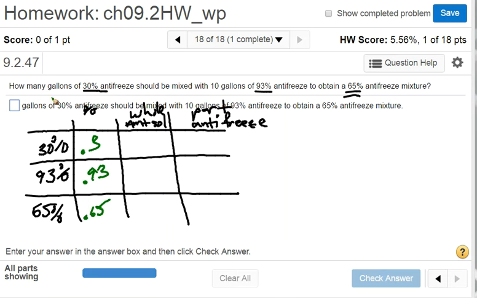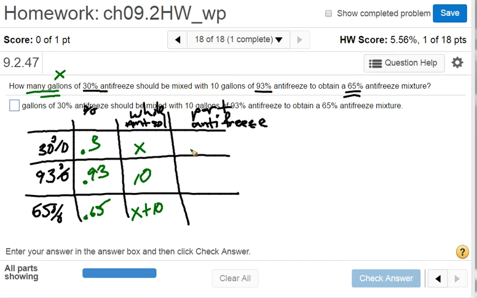So let's see, how many gallons of 30% should be mixed with 10 gallons of 93%? Well, our X, because that's our unknown, should be mixed with 10 gallons of 93%. So I've got 10 gallons of 93. Together, we're going to create X plus 10 gallons when we mix those two together.